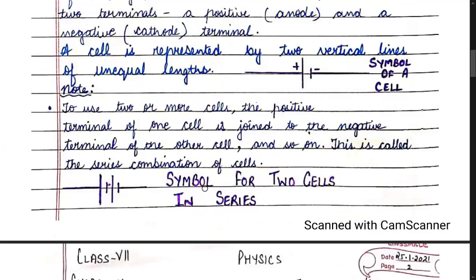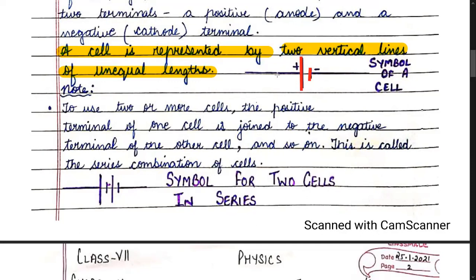The symbolic representation of a cell is two vertical lines of unequal lengths. So how do we show a cell? A cell is shown by two vertical lines of unequal lengths. One is a taller line and the other is a smaller one.